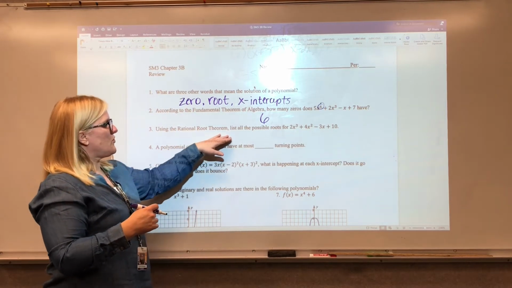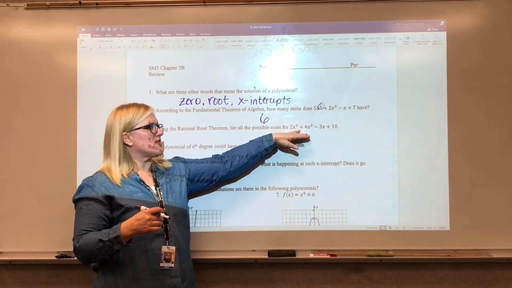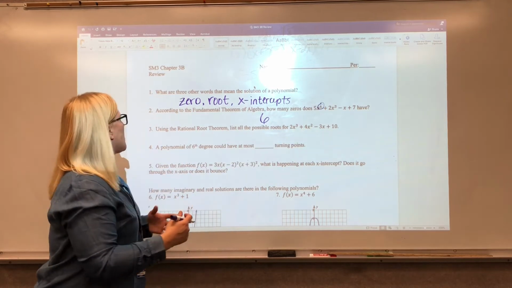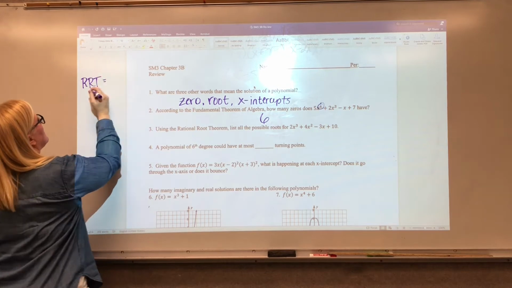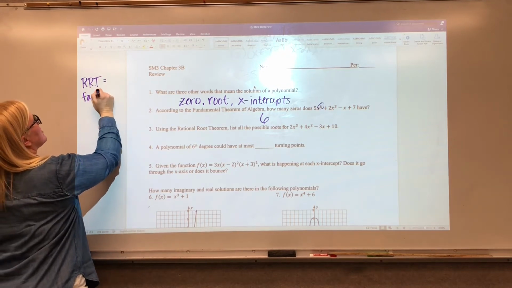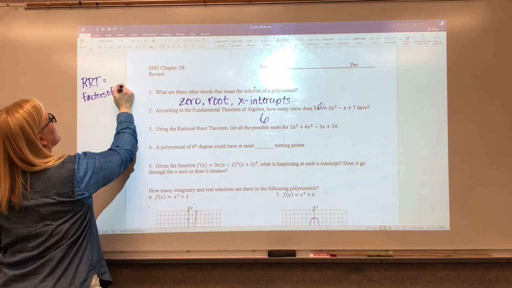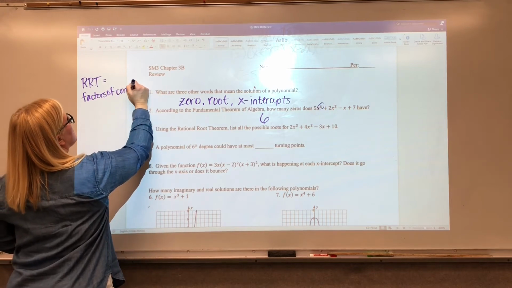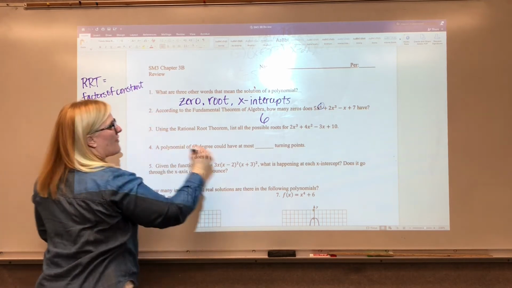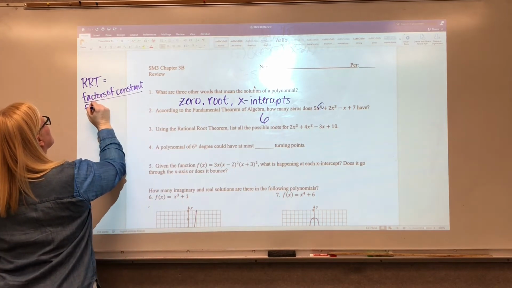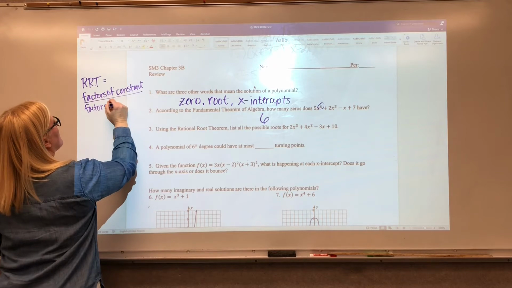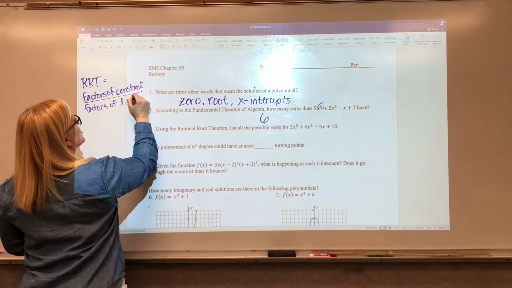Using the rational root theorem, list all the possible roots for this polynomial. Okay, remember, the rational root theorem means I take the factors of the constant, meaning just the number on the end, right here, over all the factors of the leading coefficient.